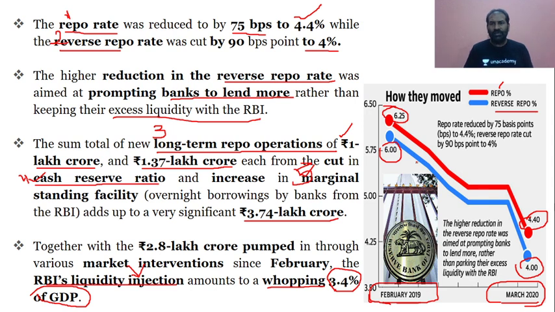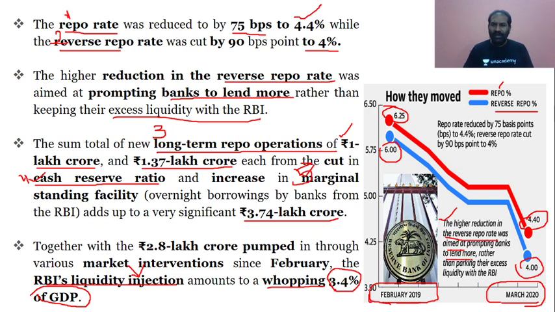So either way, if we look at it, the RBI wants more money to be parked with the banks. And please look at this: the higher reduction in the reverse repo rate was aimed at prompting banks to lend more money.